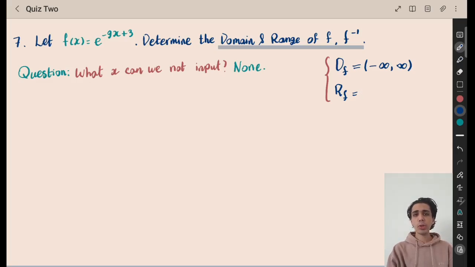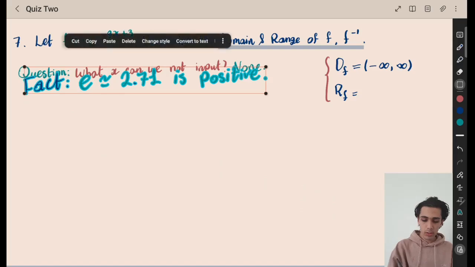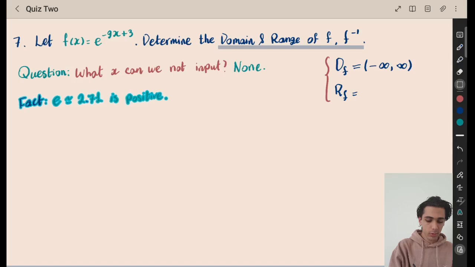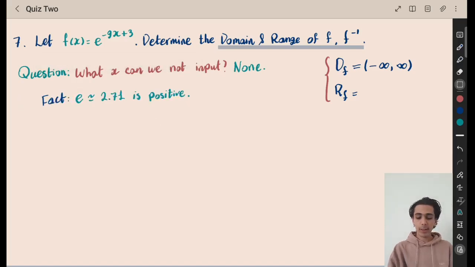Now, as for the range, we need to know a certain fact. This fact is that e is a positive value.